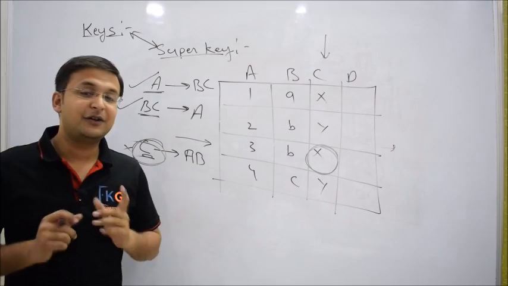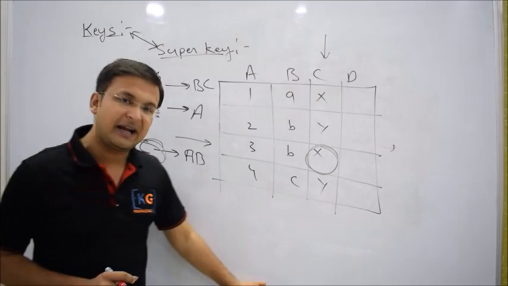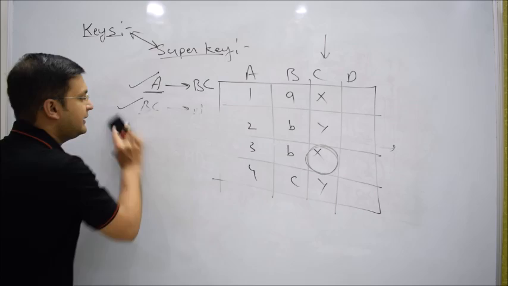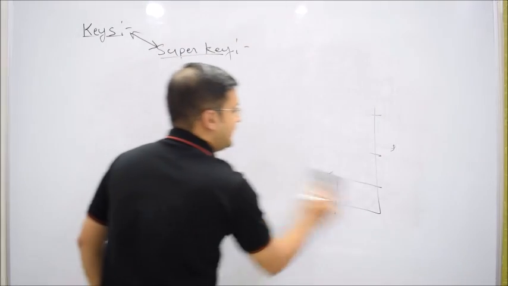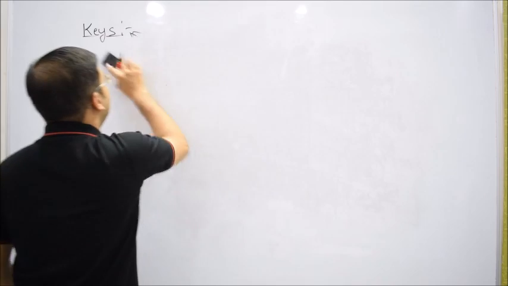Okay, after super key the next to come is candidate key. Now what is a candidate key? Let me remove this table so that I can discuss the data directly. Now you understand this.